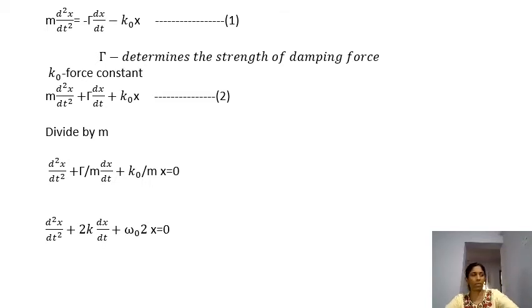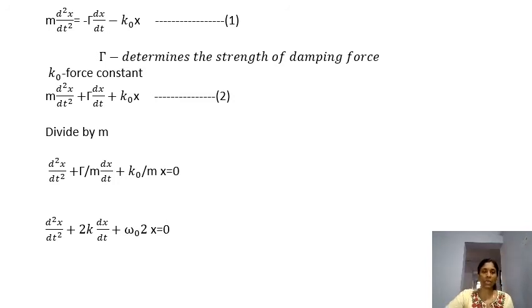Here gamma determines the strength of the damping force. Gamma dx divided by dt represents the retarding force, and minus k naught x represents the restoring force. The retarding force is with respect to the velocity, and the restoring force is with respect to the displacement.